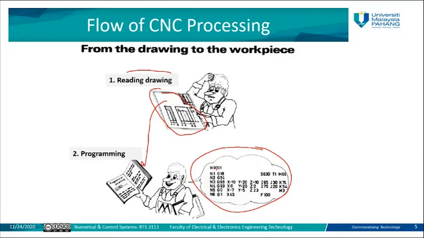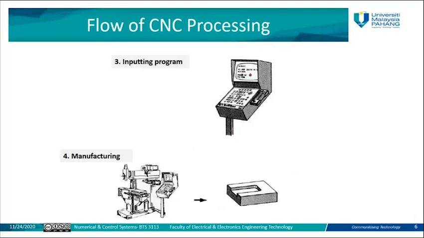Otherwise, for the modern CNC machine, you need to store this program using, for example, a pen drive, a CD-ROM, or directly from the hard disk of the computer, and upload it to the machine control unit of the NC machine. Okay, so he will take the program and put it in the machine control unit.